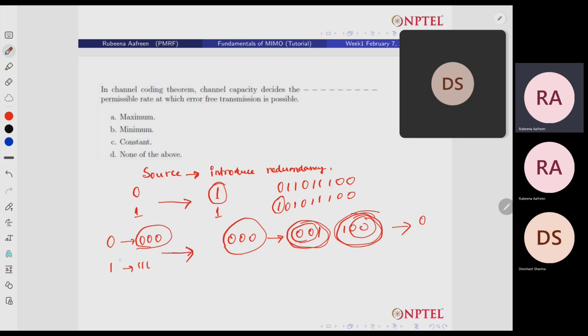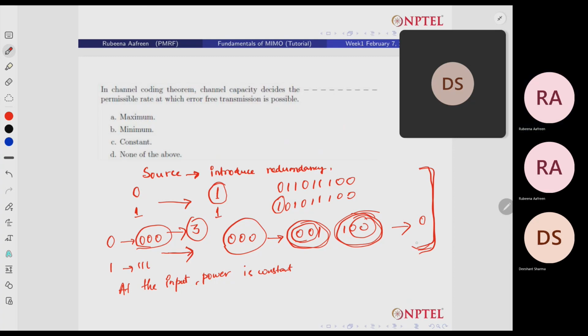The price is that we have to transmit 3 times as much power, correct? If the input power is constant, each bit will get 1/3 of the power. If each bit has 1/3 of the power, it is more prone to noise. But it is said to give better performance overall. So this is one of the good channel encoding schemes.